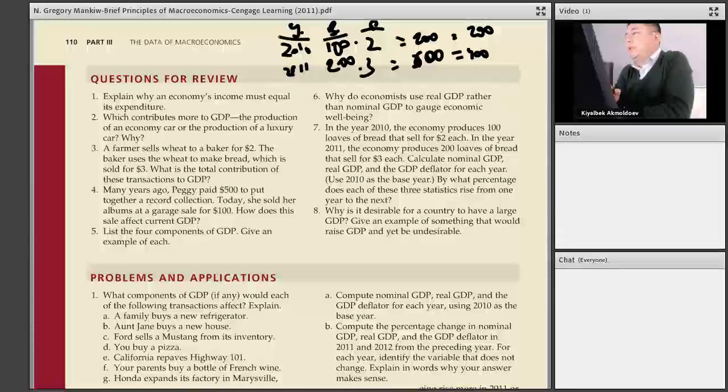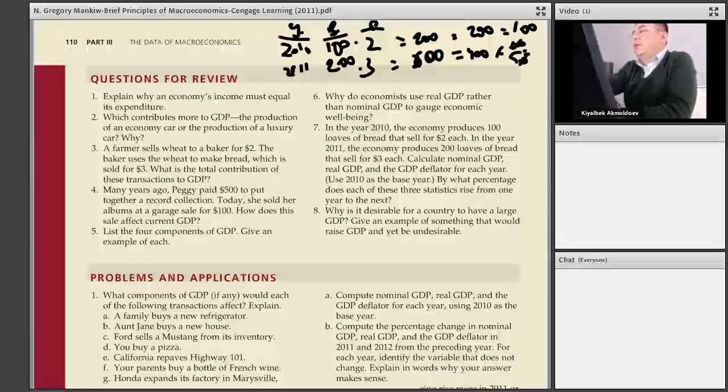Nominal GDP, real GDP, GDP deflator. The GDP deflator is nominal GDP divided by real GDP, times 100. First year it is 100. Second year, nominal GDP 600 over real GDP 400.